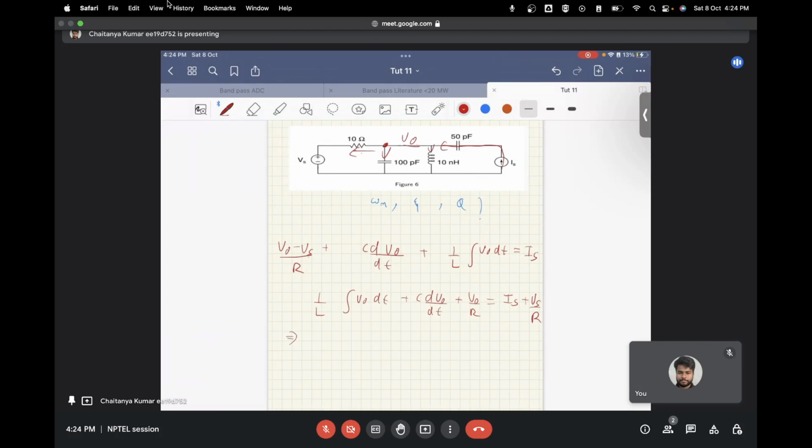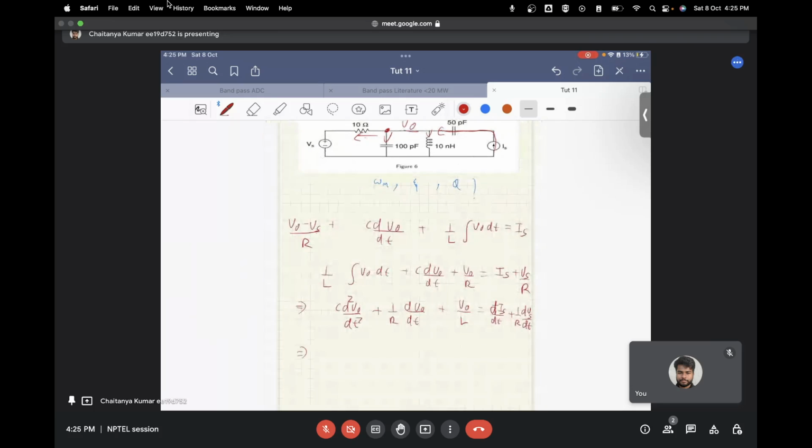So now differentiating both LHS and RHS with respect to time, we get C d square V naught by dt square plus dV naught by dt times 1 by R plus V naught by L equal to dIs by dt plus 1 by R times dVs by dt.